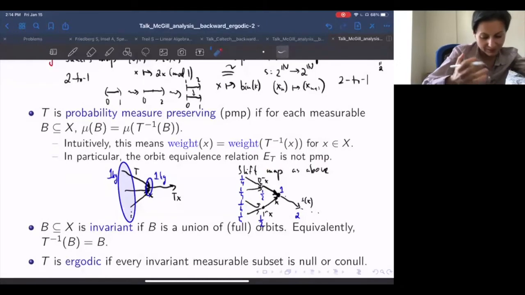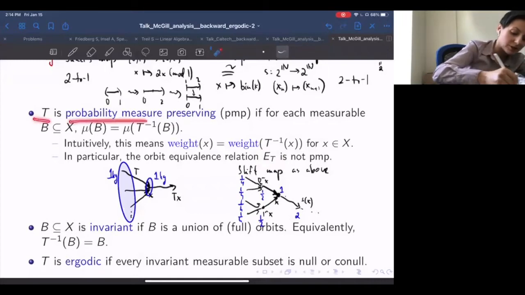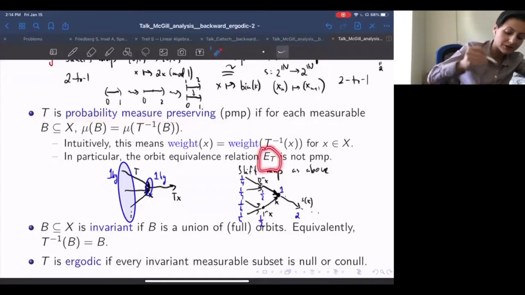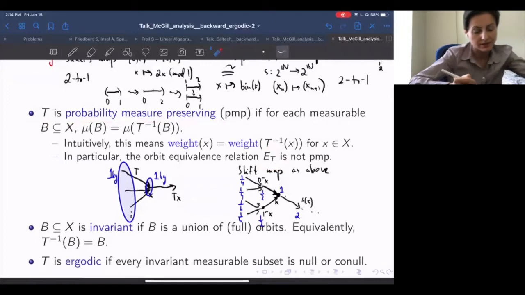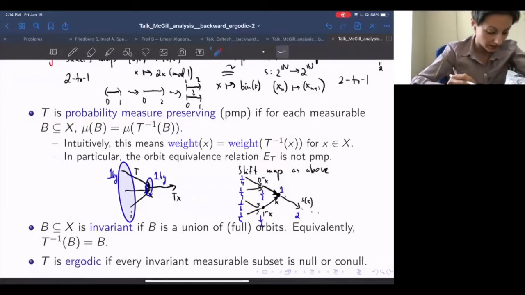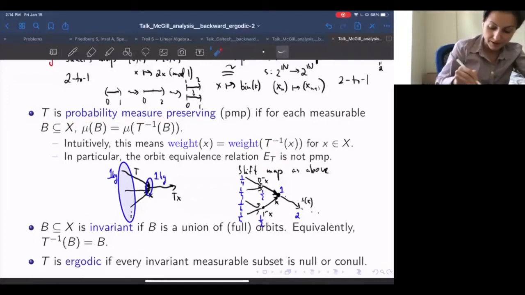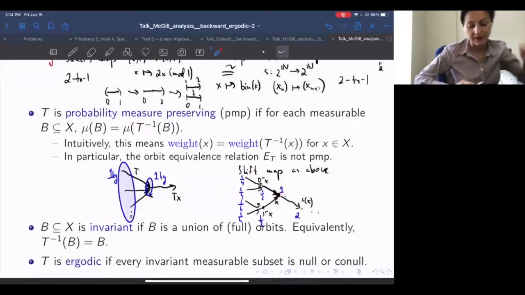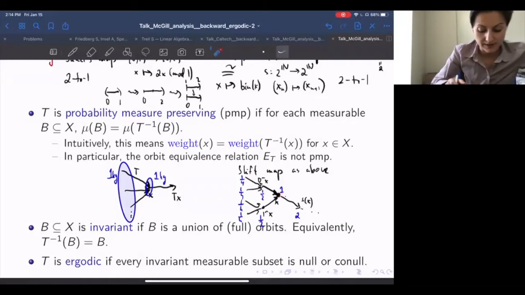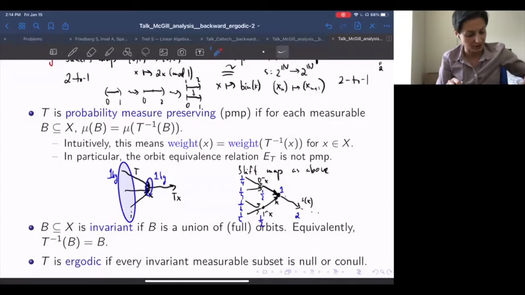There is a notion of measure preservingness for equivalence relations. And funny enough, even if T is measure preserving, the equivalence relation isn't, unless T is 1-to-1. This is why we have different weights: the weight of X is twice as big as the weight of its individual pre-images.